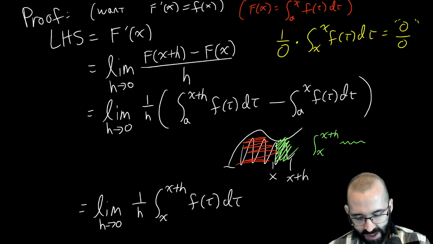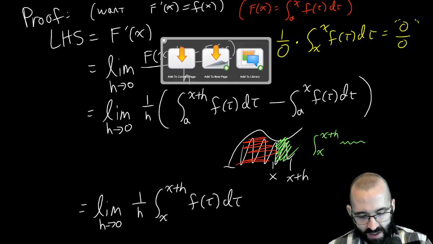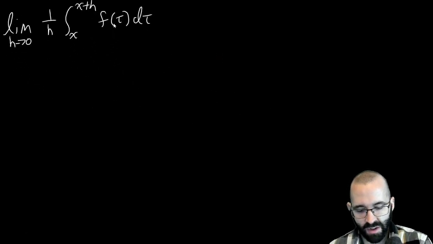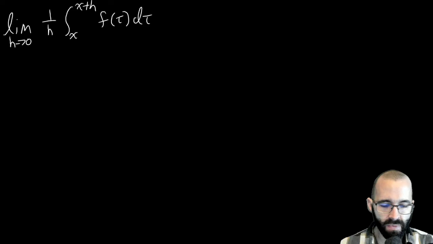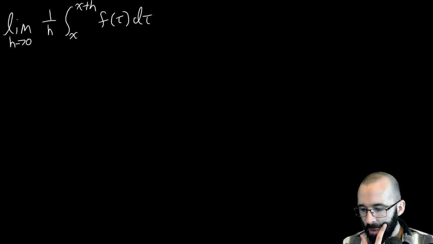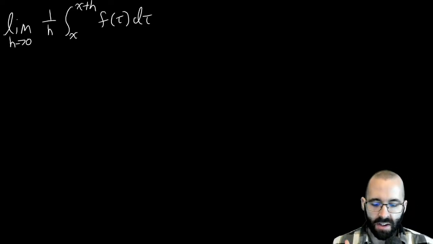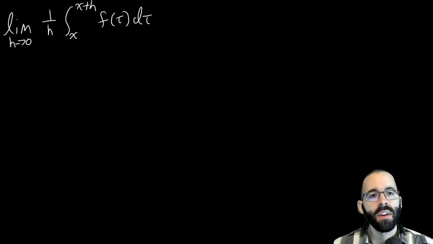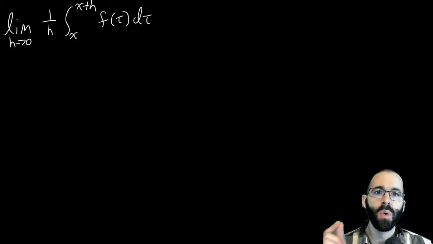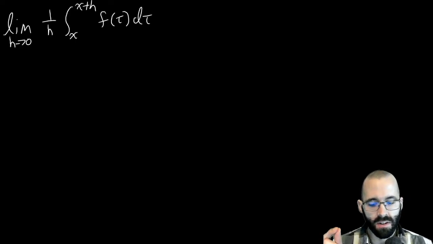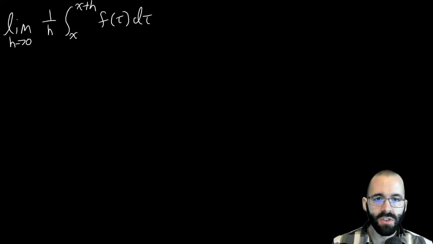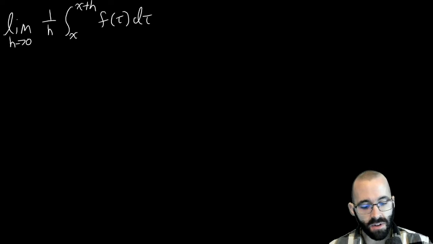All right, so that's what we have right here. Let's continue on the next page and see how we can simplify this, because this next step is really kind of a tricky one. Okay, so let's look at this. Remember that h is just the difference between the 2 points here that we're thinking of. h is just the size of the interval, right?